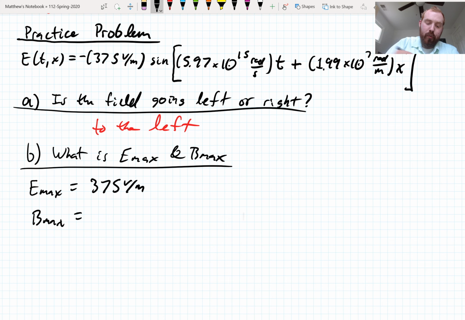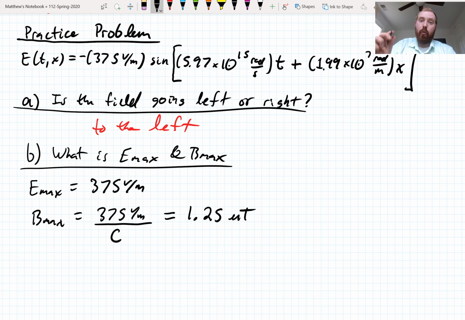Whereas Bmax, don't forget the relationship through the speed of light, is going to be 375 volts per meter divided by the speed of light, which I'll let you calculate out to verify. It should be 1.25 microtesla.